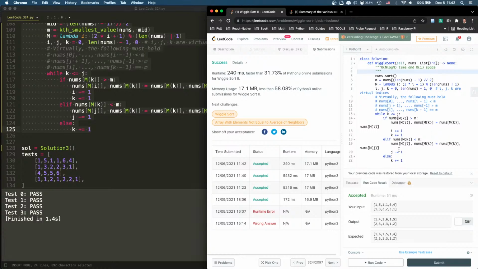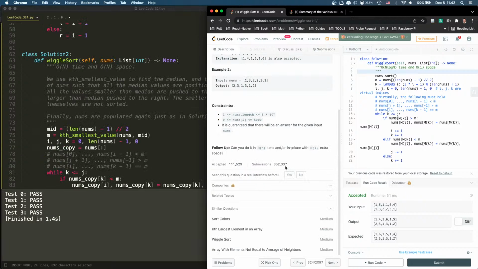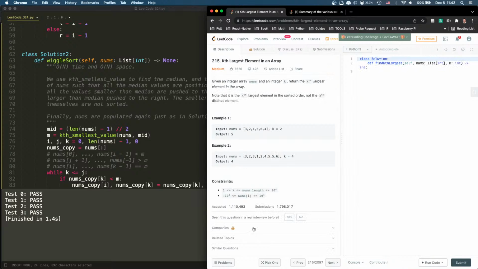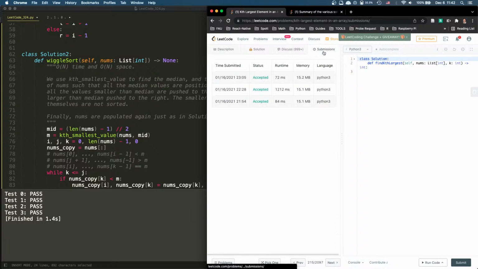I can actually go to my solution for finding the kth. We've done this one as well. Oh, this is kth largest. It's different from kth smallest. But I've done it, so let's just double check if the two codes are the same.